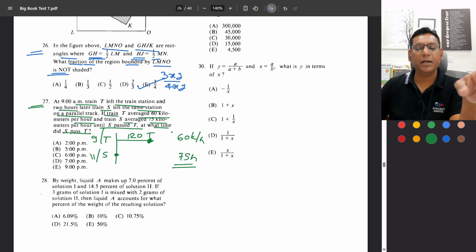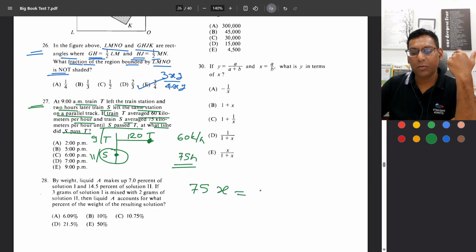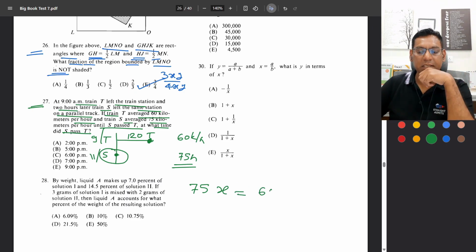Let's say after X hours. In X hours, how much did S travel? S traveled 75x. How much did T travel? 60x. Their relative speeds are like that. But by that time, we also need to add this 120, right?